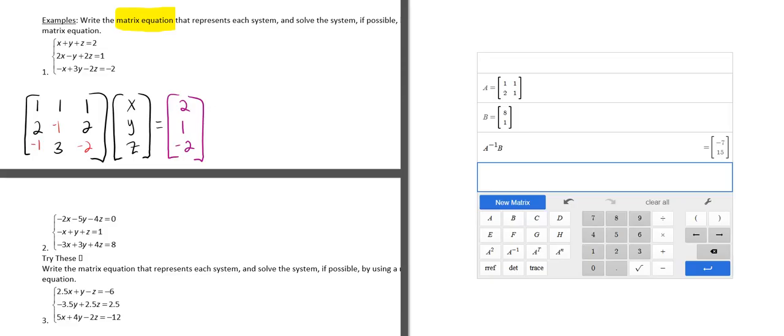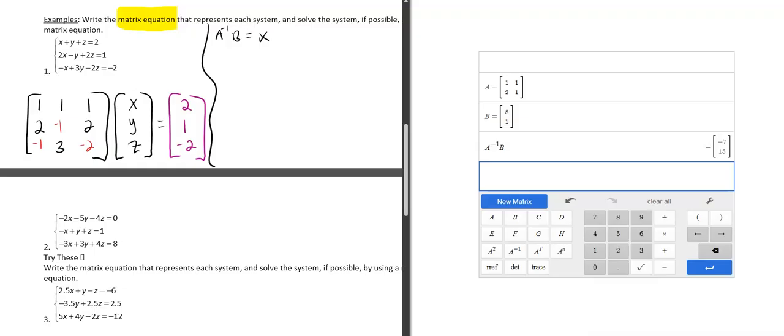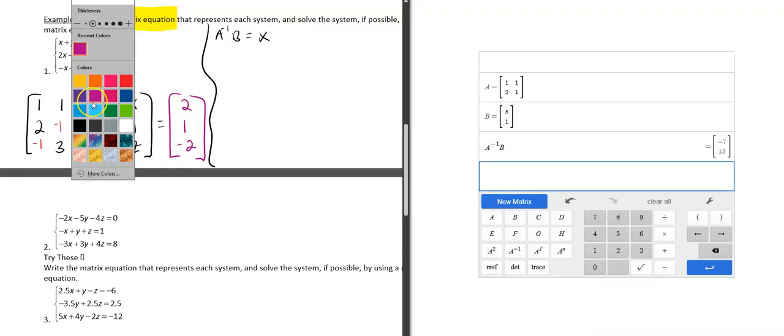Now to actually solve it, we want A inverse times B equals X. All right, so in that case, when we do that, here, let me write it. I'm just going to write it out how we're going to put it in here. Let's use another color. Let's go blue.